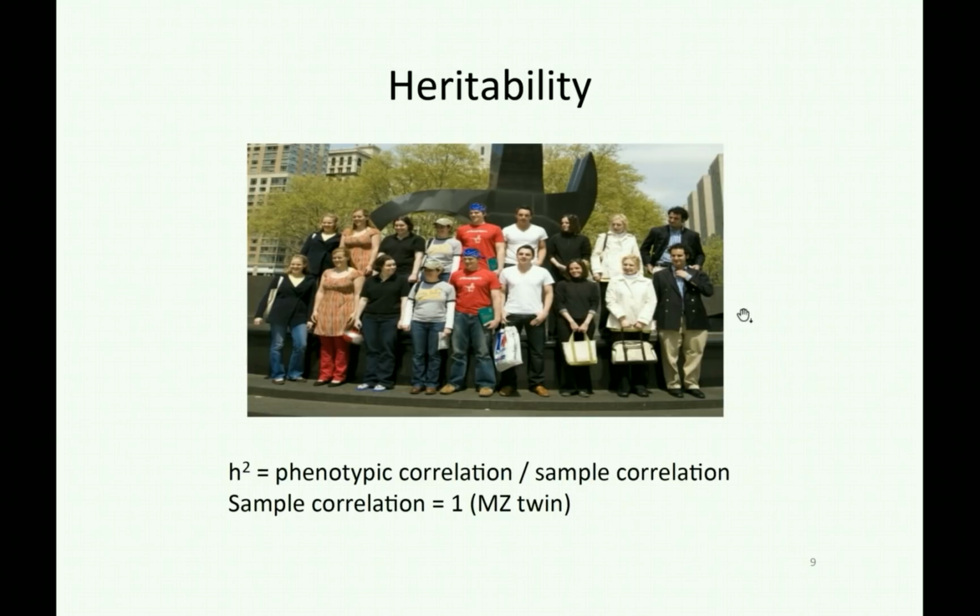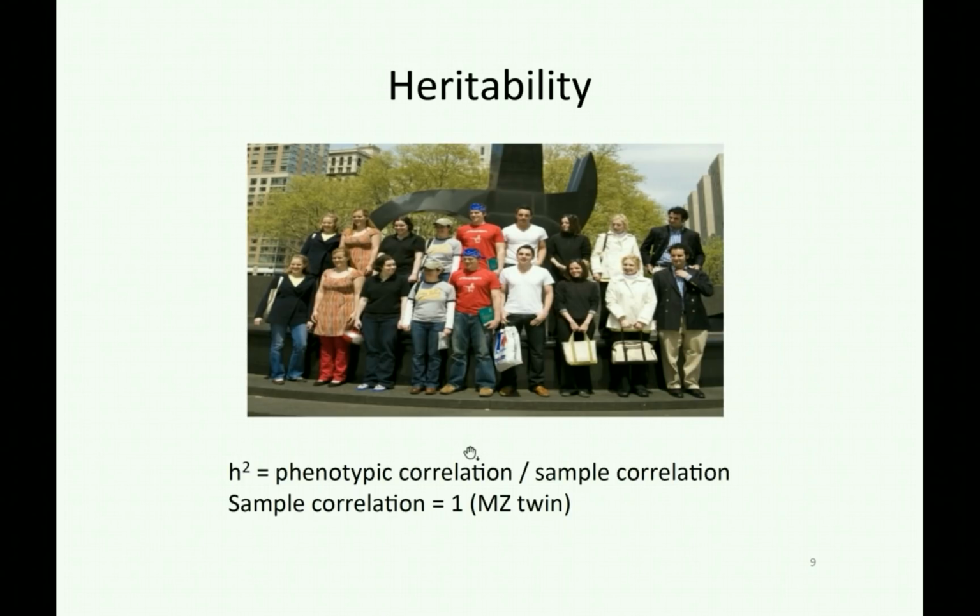So this is a simple example. For example, if you have a number of MZ twin pairs, then you have their phenotypes, for example, their height or their BMI or their weight. Then you can observe their phenotypes. Therefore, you can get the phenotypic correlation. There is a correlation between this first MZ twin and this second MZ twin.